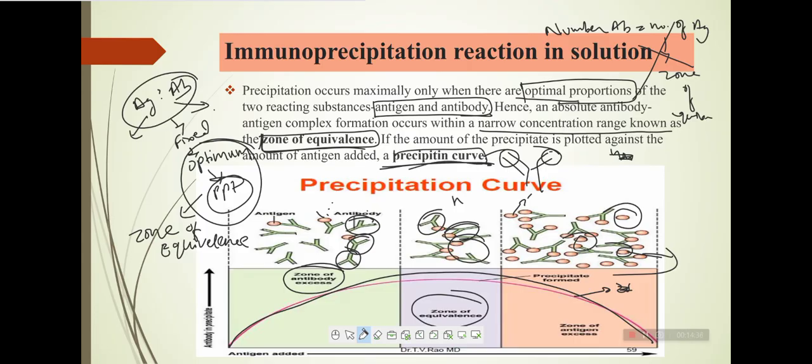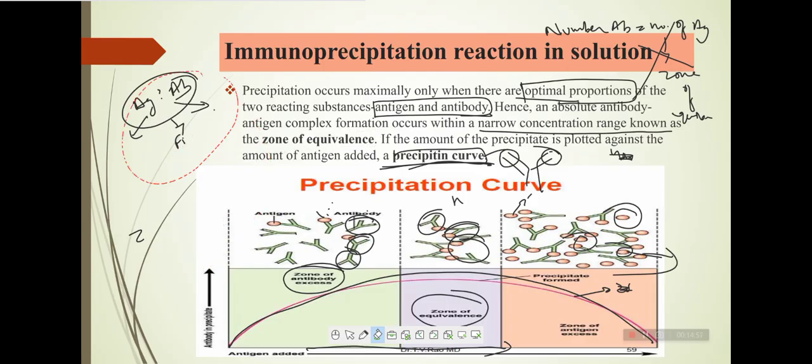Actually, the precipitin curve is plotted between antigen and antibody. On the x-axis antigen is added, and on the y-axis antibody precipitated. Okay, clear?